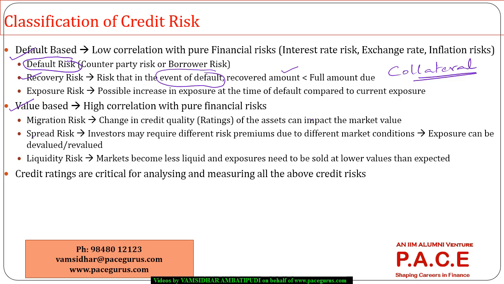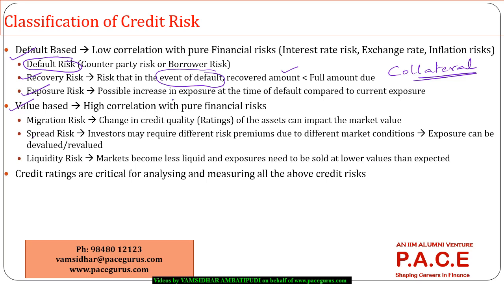But that collateral value may have gone so low that its value now is nowhere sufficient to cover the amount that is due by the borrower to the lender. So all these are examples where recovery risk comes into the picture. So that's one more category of default based credit risk. And we also have exposure risk.